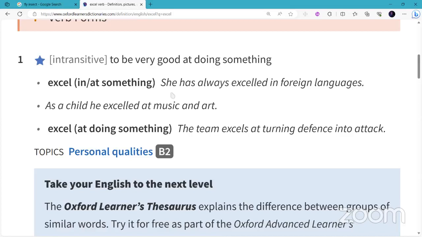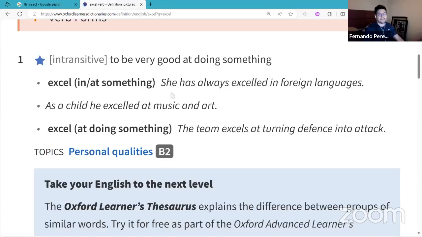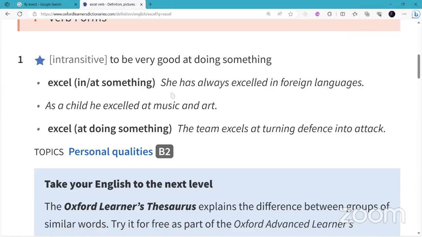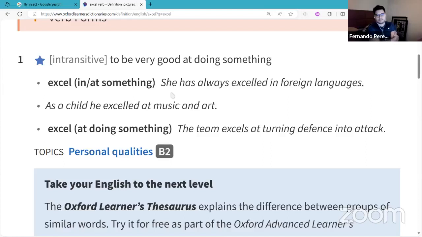She has always excelled in foreign languages. As a child, he excelled at music and art. Excelled at doing something. The team excels at turning defense into attack.